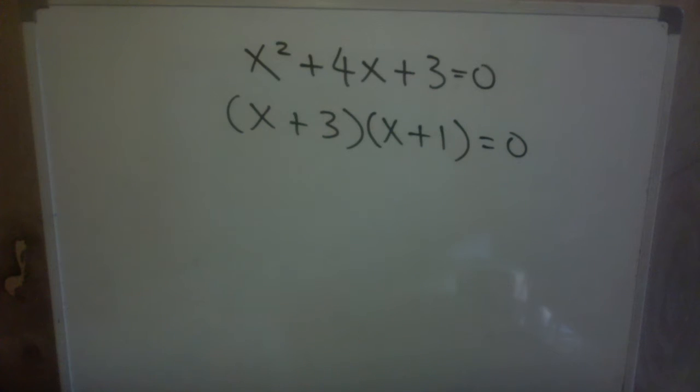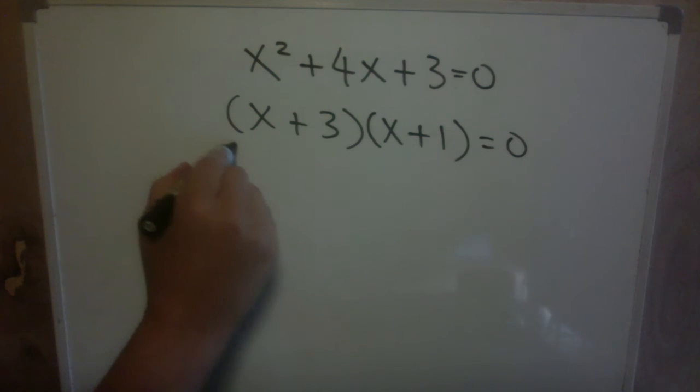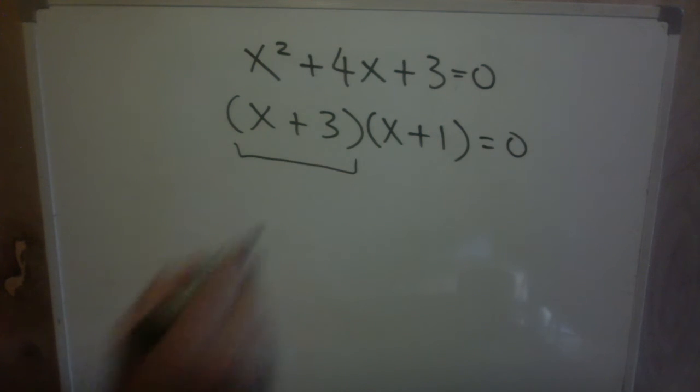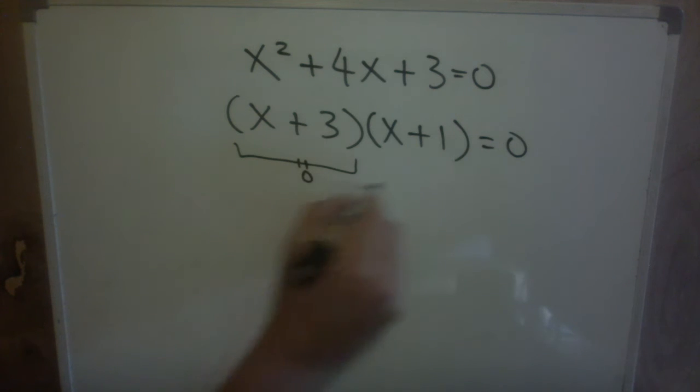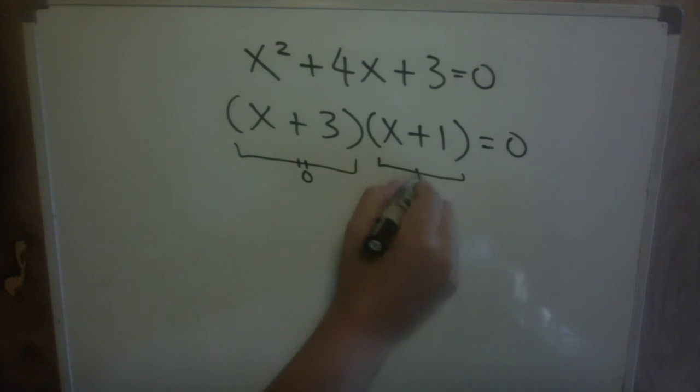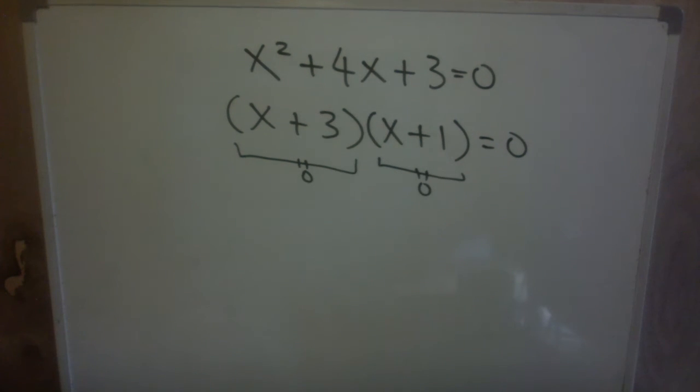Now you think, what makes this equation true? The only way that this equation holds true is if this part is equal to 0 or this part is equal to 0. So we have two cases. We're going to have two roots, two solutions.